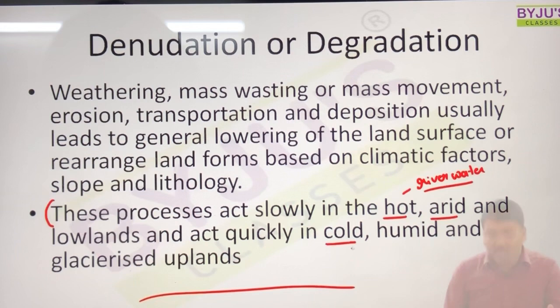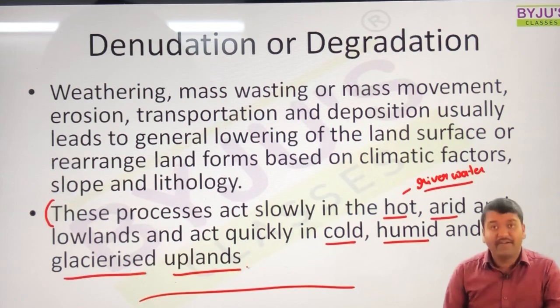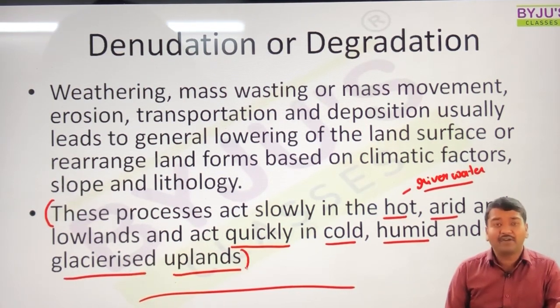But if you take cold, humid areas, cold meaning polar areas, humid rainfall areas and glaciated uplands, that is, mountains, plateaus and all, there the action will be quick, mainly because of the presence of rivers and glaciers.